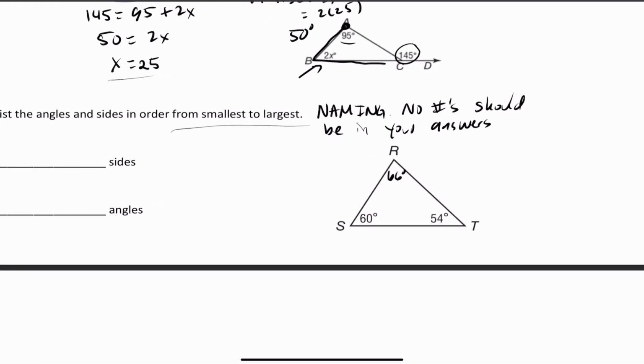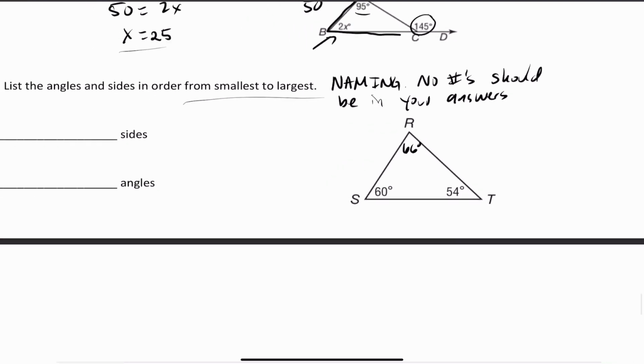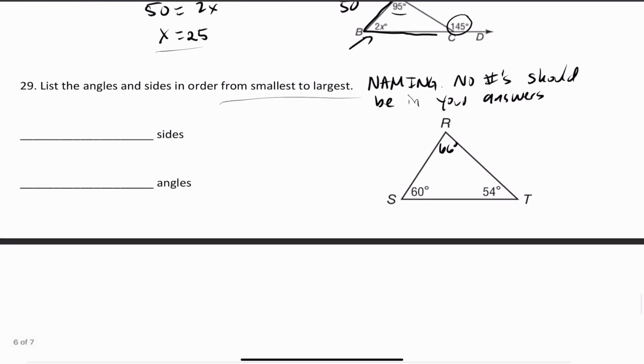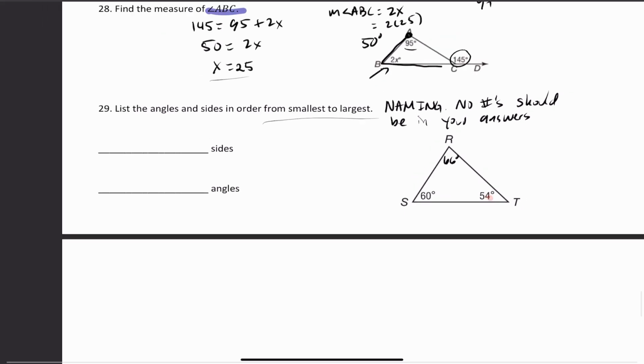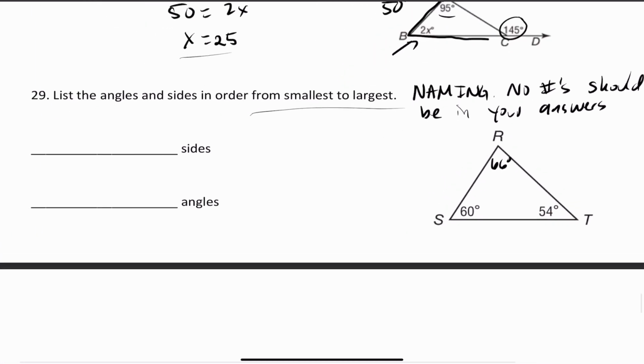So then let's go ahead and determine the angles first, because that's going to be easy. So what's the smallest angle? The smallest angle has to be 54, so that is associated to angle T. The next smallest angle is 60, so angle S, and lastly angle R, because that's the largest.